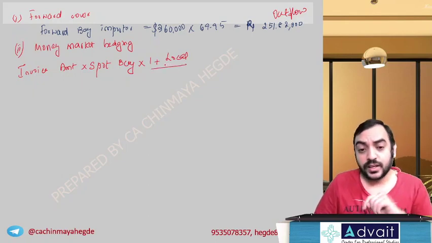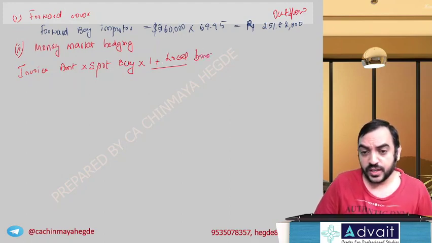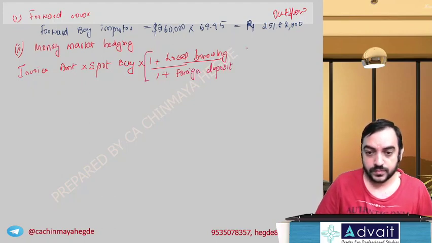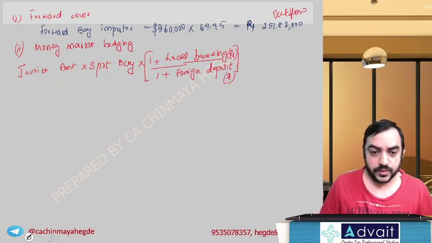And which local? Because the importer is having a liability, the numerator is going to be borrowing, the denominator is going to be the opposite, that is 1 plus foreign deposit. In this case, local borrowing means rupees. In this case, foreign deposit means dollars.